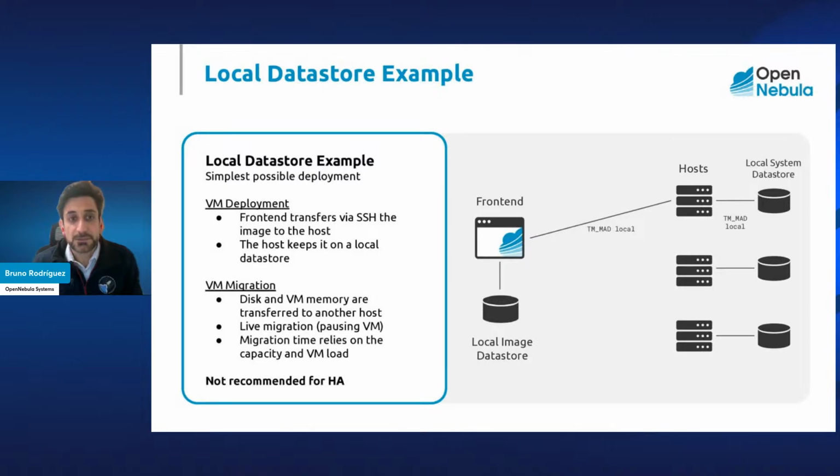For virtual machine migration, in this case, you have to copy, as we said before, all of the files from one of the hosts to the other one. We're going to call hosts, nodes, or hypervisors indistinctly. So you need to copy this file from one hypervisor to another. It's live, but it's not totally live. If the file is small enough, you will just see the virtual machine pause. The migration time depends on the capacity and the virtual machine load.